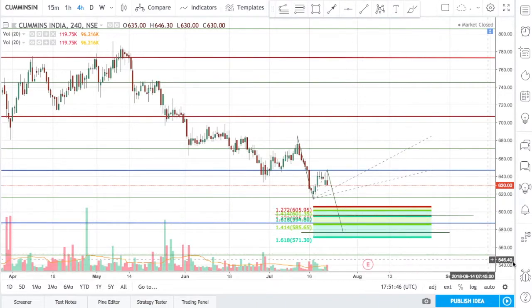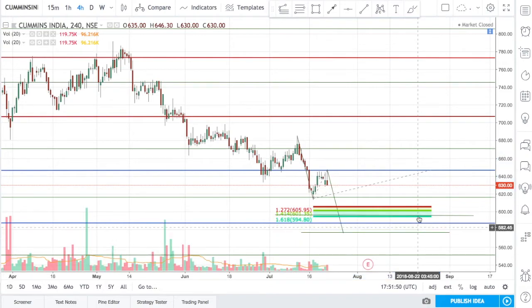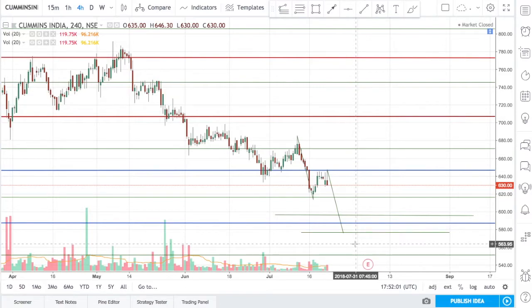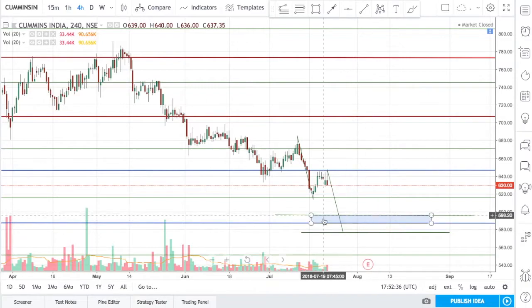Anything else? Nothing. Okay, so let's get these off. This is our fib confluence level. This is a strong level of support, and this is our D completion point. For this particular trade, let's narrow down our target zone or target area as this one.